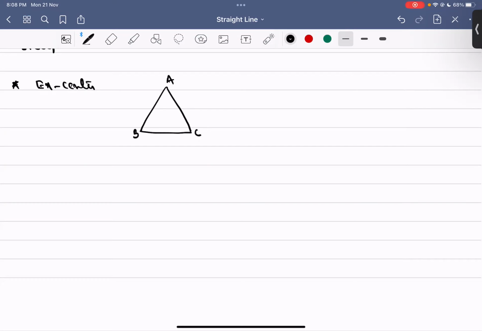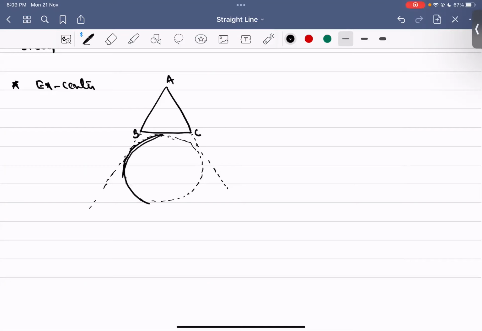If you extend these sides, B and C, and draw the circle which touches the three sides of the triangle externally, like this, this is the extended side.